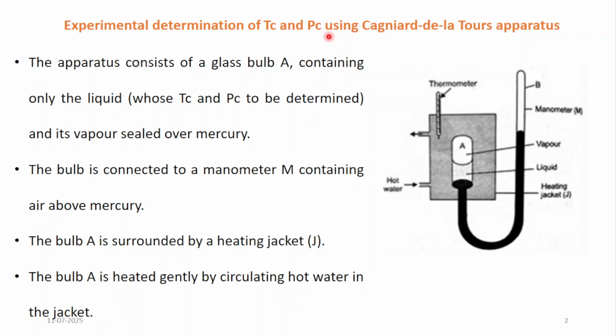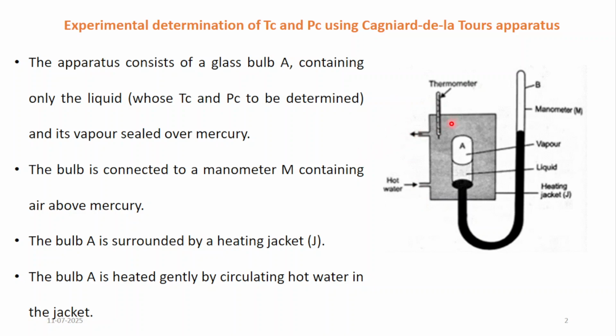Please note that in this experiment we can't determine critical volume, that is Vc, but Cagniard de la Tour could determine Tc and Pc, only these two constants, using this apparatus.